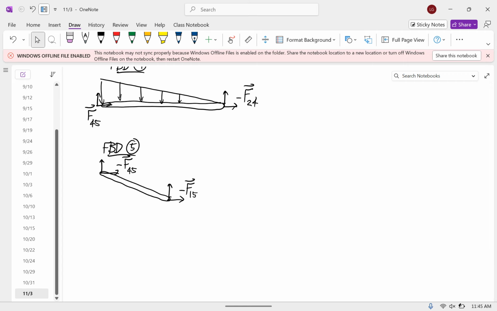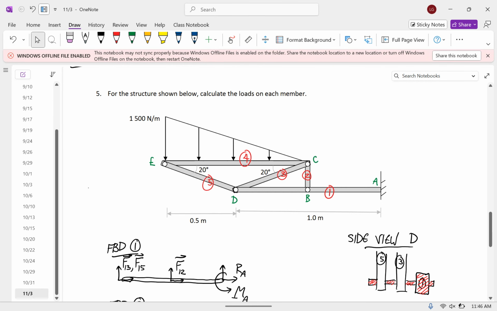And on exams, obviously I can't put a problem like this on a 50-minute exam. It takes way too long. But one thing that I often do is I'll just have you do nothing but the free body diagrams of a complicated thing like this, just so I know that you understand how the joints work.